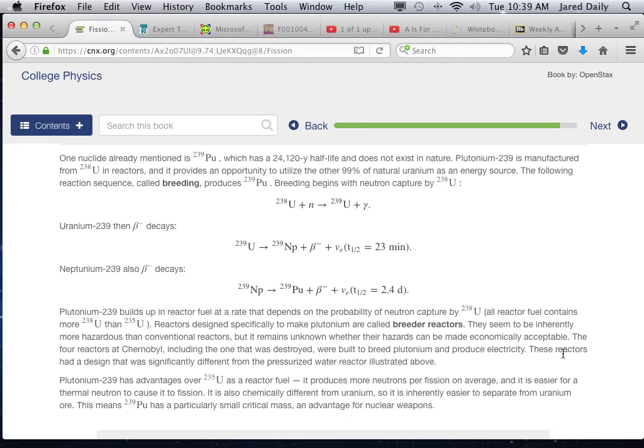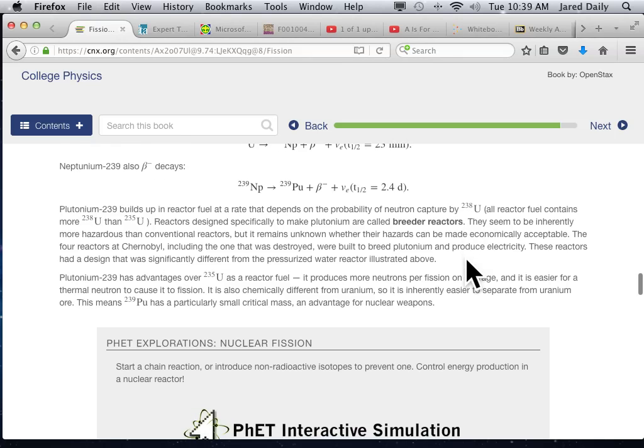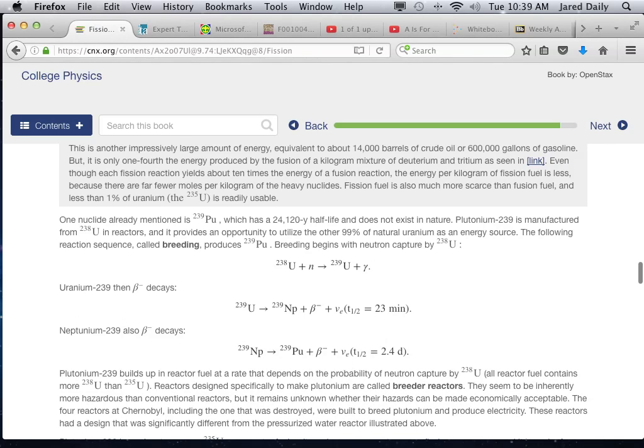Plutonium-239 does undergo fission in a chain reaction. So then you can use plutonium in your reactor instead of uranium-235. And uranium-238 is very common. It's not hard to find at all. The nuclear reaction is more efficient as well.